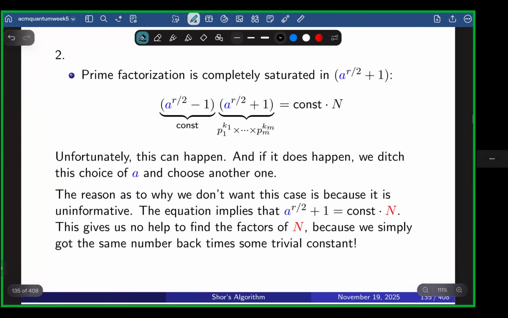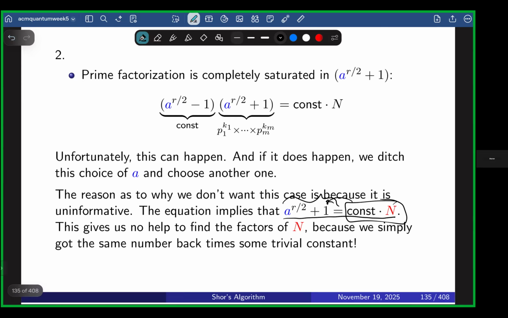The reason the case is bad is because it doesn't tell you anything. If we use the same logic as before, it implies that a to the r over 2 plus 1 is just some constant times n, and that doesn't help us find the factors of n because we get the same number back, times some constant. We're trying to find the same prime factorization because all the factors are in here again.